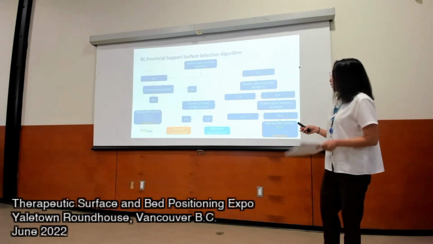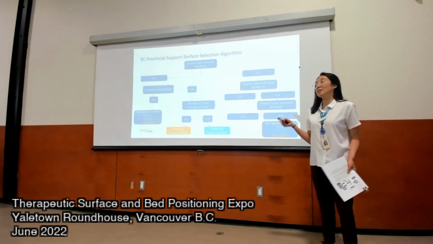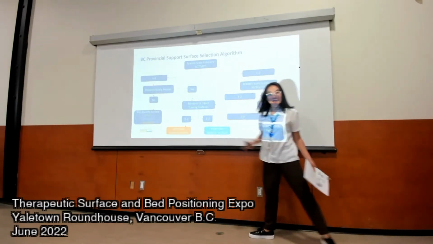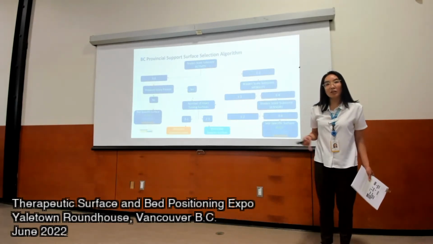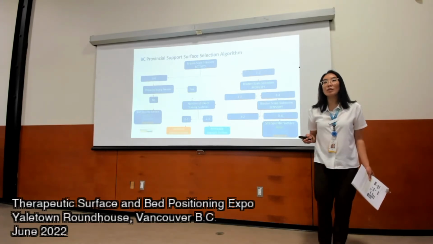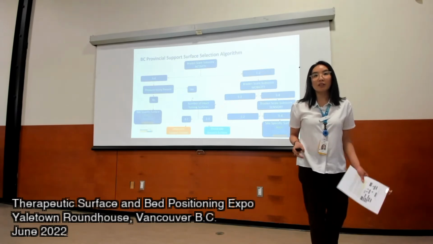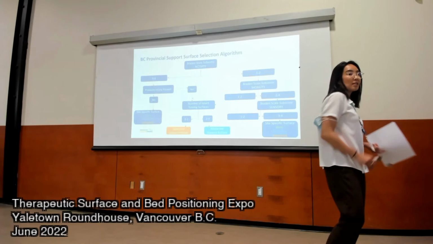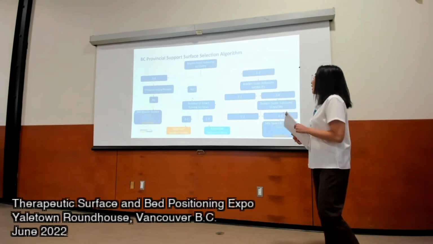Okay? Now, the other thing that this algorithm considers is the number of intact turning surfaces. Has anyone heard that term before and know what that means? When a person is lying in bed, they're either on their back, supine, 30 degrees on one side, or 30 degrees on the other, right?